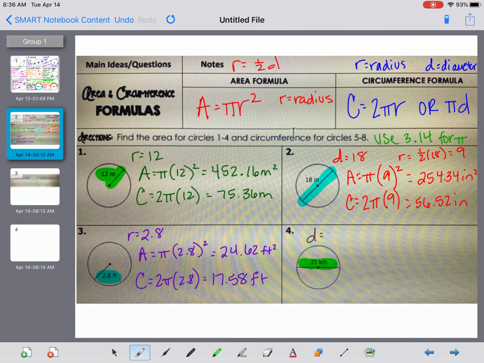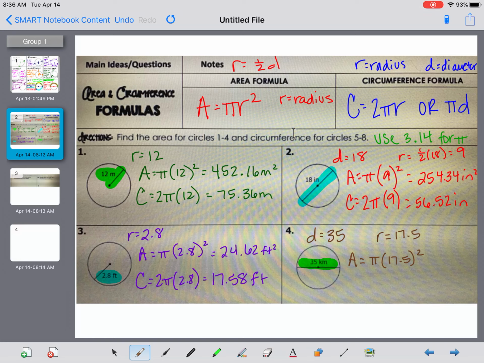All right, and the last one gives us a diameter of 35. You see how that goes all the way across the circle there. So our diameter is 35, and we need our radius for our area, so we have to do 35 divided by 2, and we get 17.5. All right, so now we can find our area.